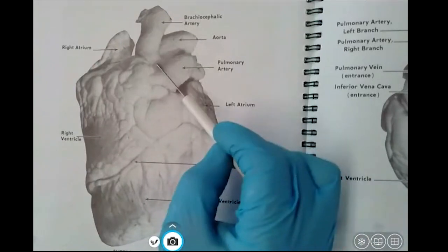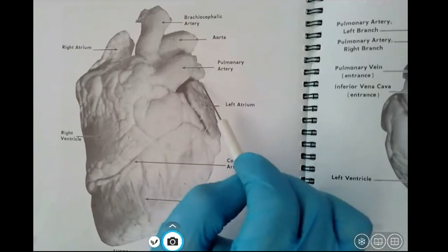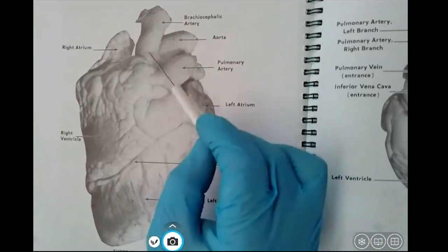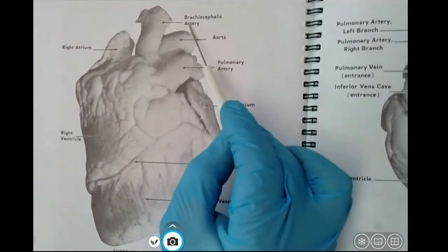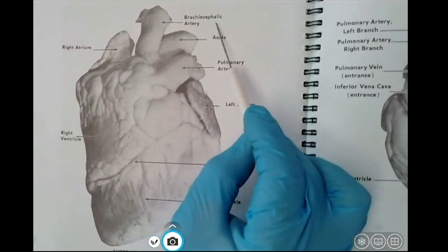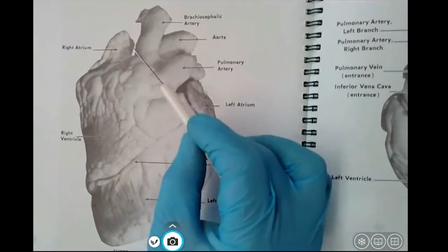The aorta, which is leaving the heart with oxygenated blood from the back. And the brachiocephalic, which is going to the brachial region, which is the arm, and the cephalic region, which is the head. And it'll branch into the carotids, the subclavians.